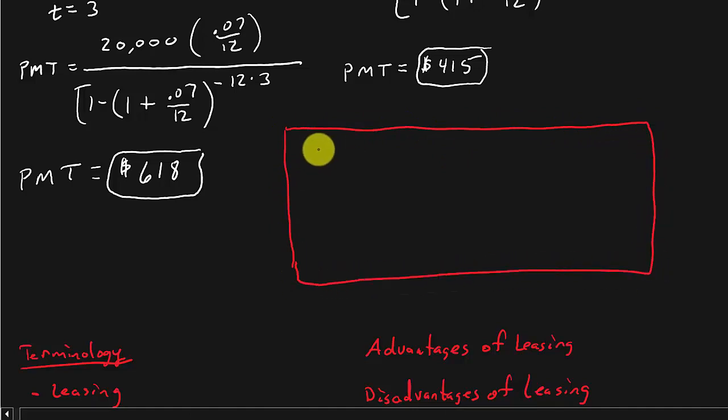All right, so this would be the column for the $20,000 loan. And then let's have another one for monthly payment. And then I guess we can do total interest.